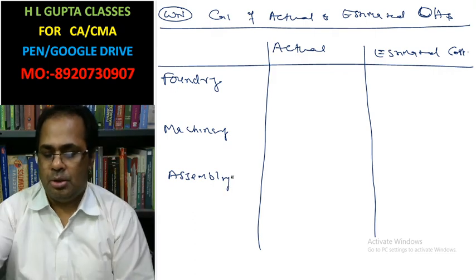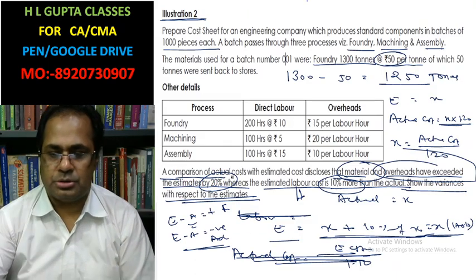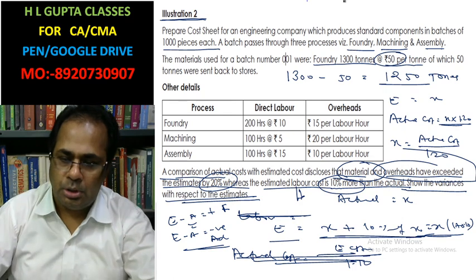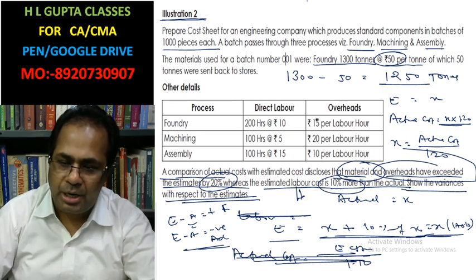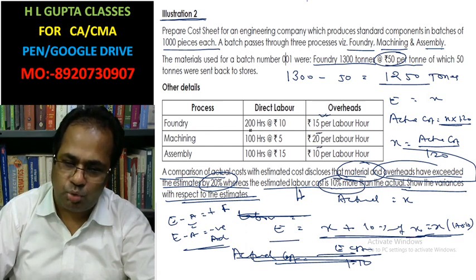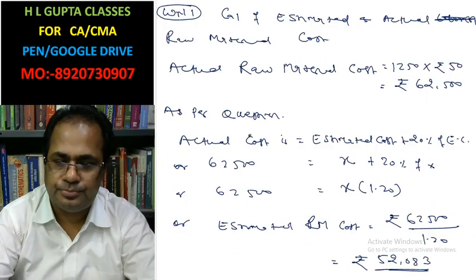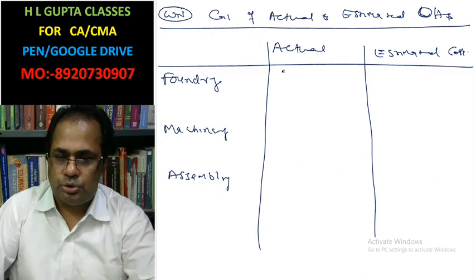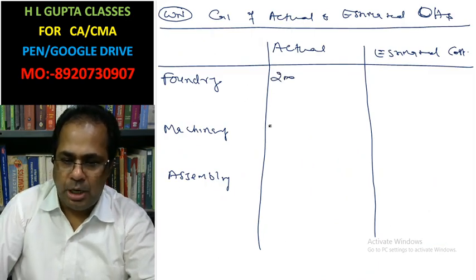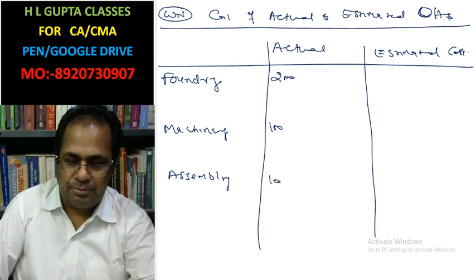Look at it, what is the overhead cost here? Rupees 15 per labor hour, rupees 20 per labor hour, rupees 10 per hour, at 200, 100 and 100 hours.